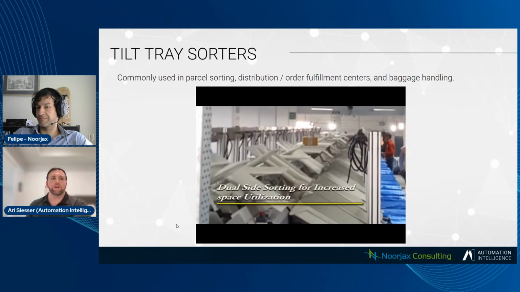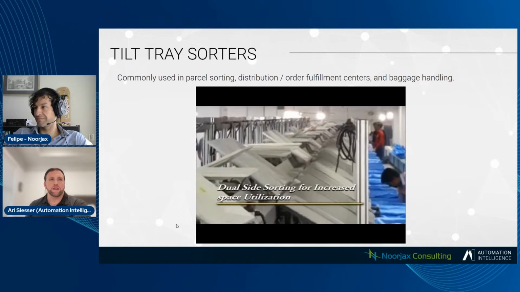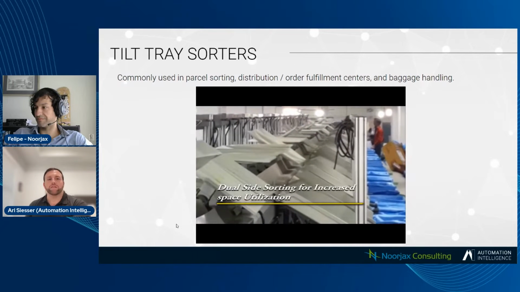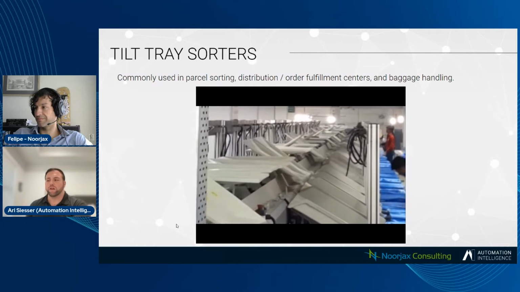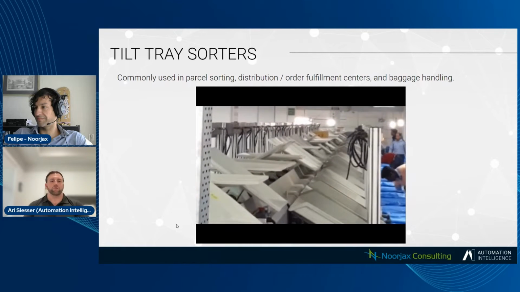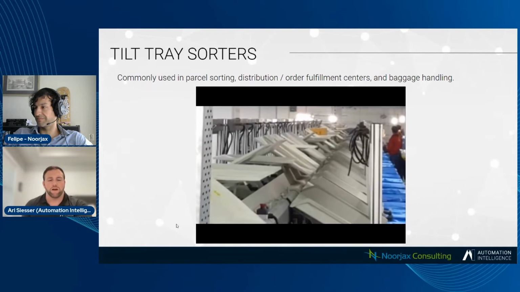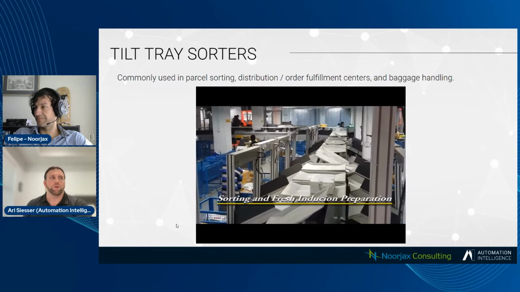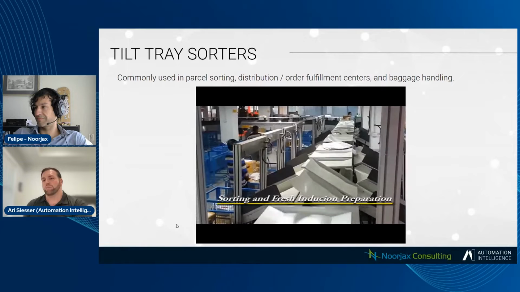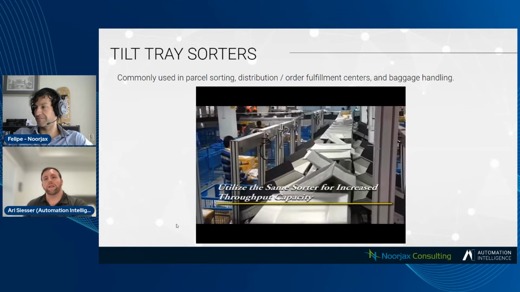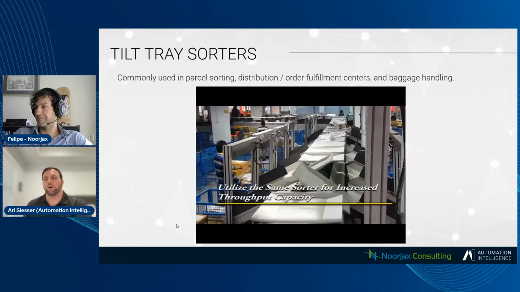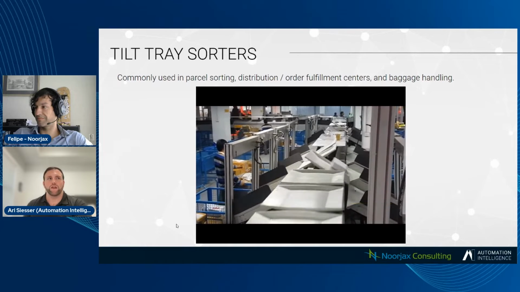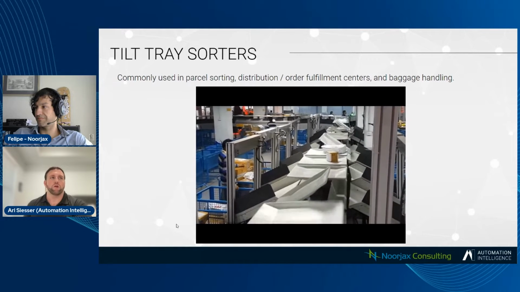So they get put into bags like you'll see here on the right. And then those bags carry on to the final destination so that all those small parcels don't have to get sorted at each and every hub down the line. Similarly, in distribution centers, as orders are coming in, folks are picking those orders in bulk, and then TiltTray sorters are grouping them based off of where they need to go, either for store or individual order.